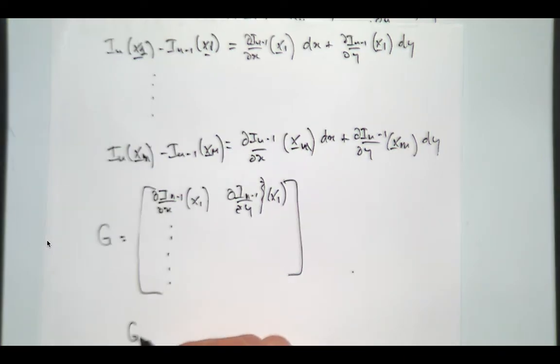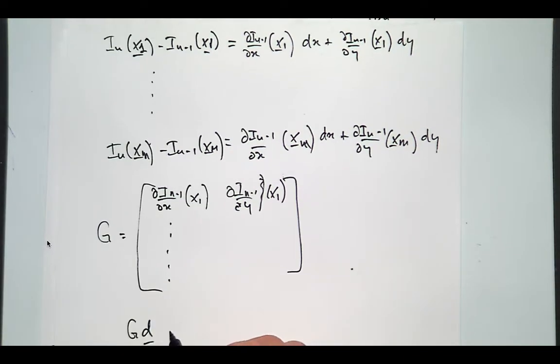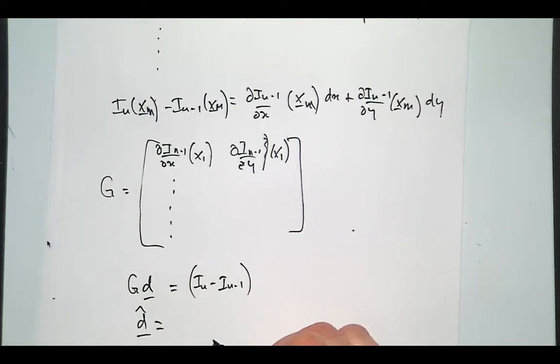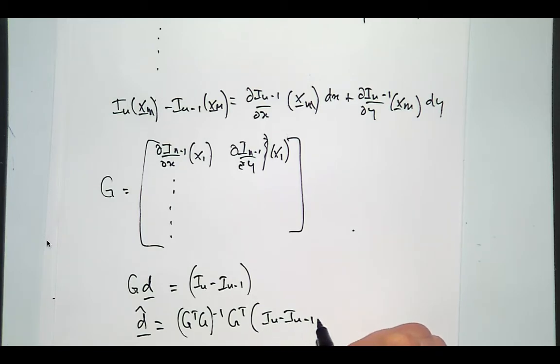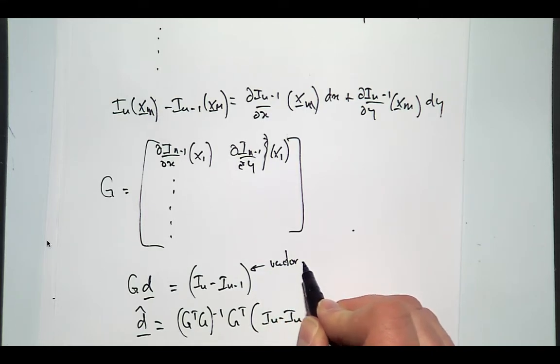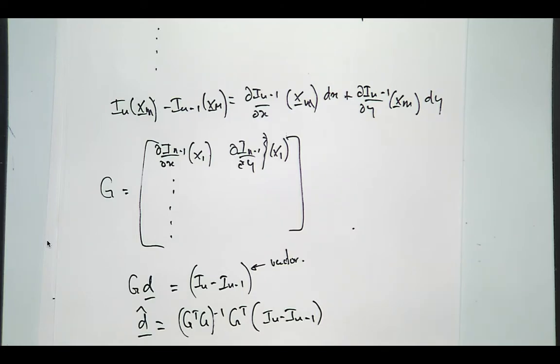So you say something like Gd is equal to something like that, something that tells you the difference. And then you say, well, the best estimate I have for d would be (G transpose G) inverse G transpose of that. So this is a vector that contains all the differences between all the pixels within that block.